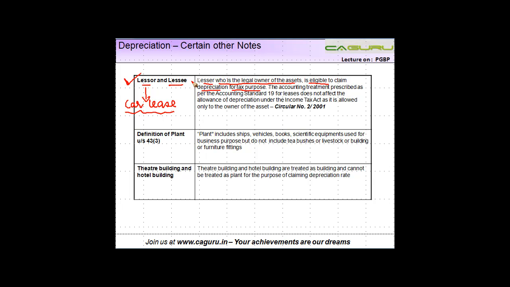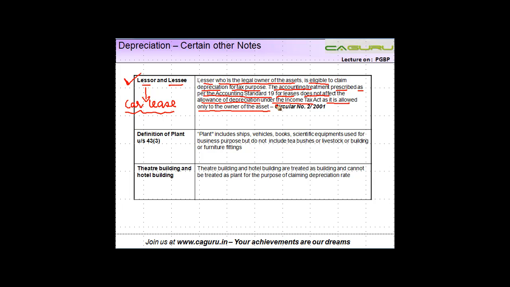For accounting purposes, there is an Accounting Standard 19 for accounting on leases, but that is not applicable for tax purposes. The accounting treatment prescribed as per Accounting Standard 19 for lease does not affect the allowance for depreciation under the Income Tax Act, as it is allowed only to the owner of the asset.